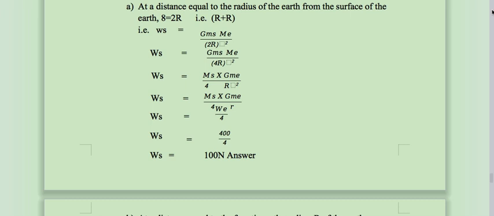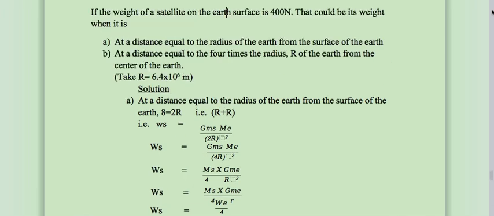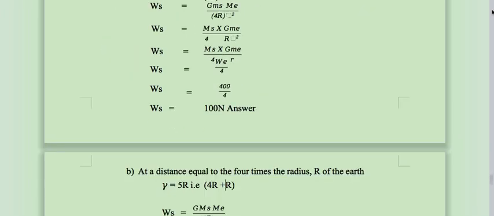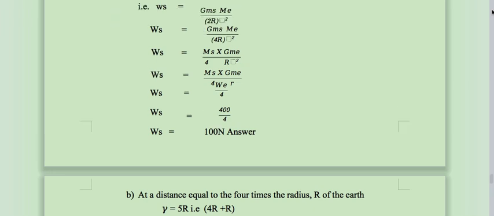Recall, this is what we know as the weight of the Earth, WE, because WE is equal to capital G, small m, mass of the Earth, all over R squared.